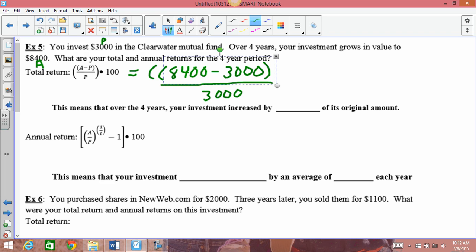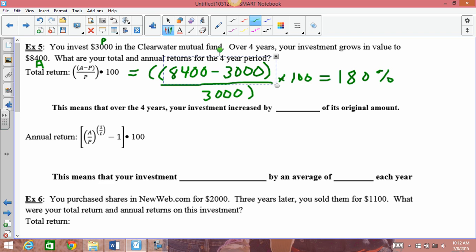Then you close it again and multiply times 100. So you start two parentheses, 8,400 minus 3,000, closing the top, divided by 3,000, and now closing that first one, times 100. You should get 180.